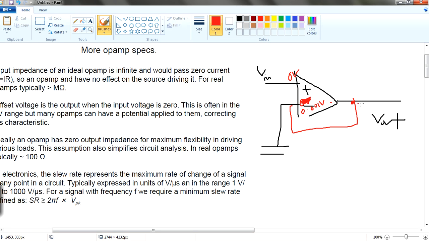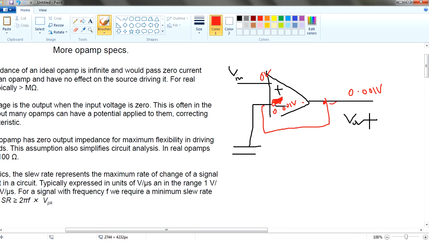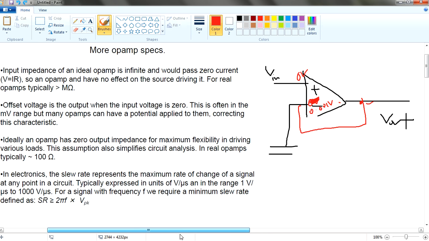I don't know. So the output may actually come out as 0.001 volt also, because it's the difference between them that comes out as the voltage. I don't think it's quite a difference, but nonetheless you have something like that. This is the meaning of it.